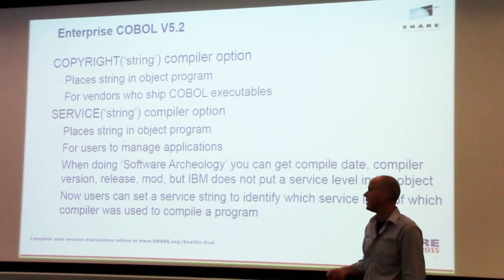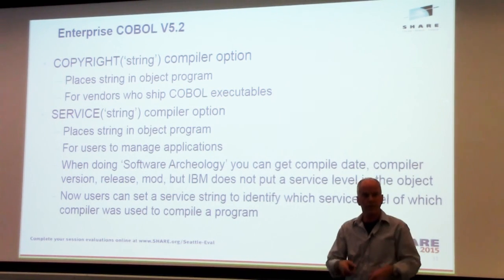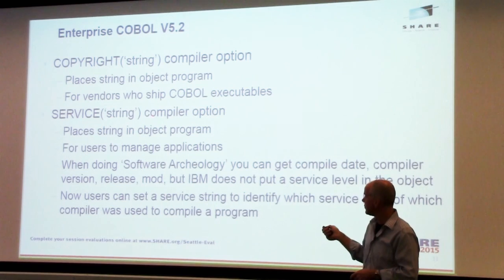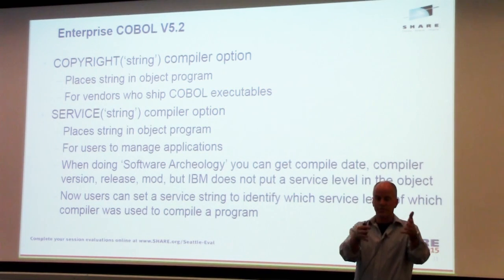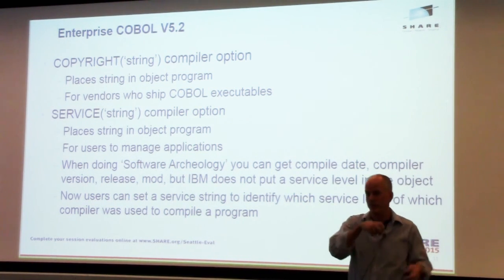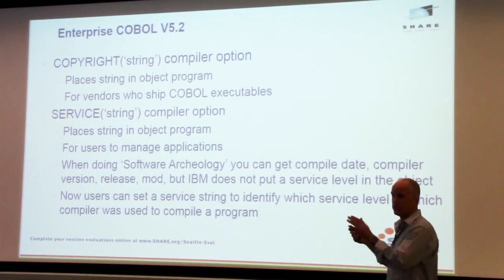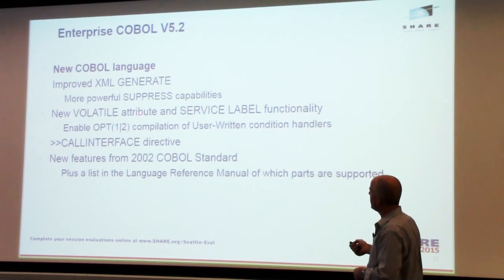Does it have the fix in it? So we recommend that the people in control of your COBOL compiler set the service string to some kind of an indicator. You can write 64 bytes in there that says, this is the service that Hans put on in January or something. Or you can have a PTF number or whatever you want, or all of the above. Could be helpful.